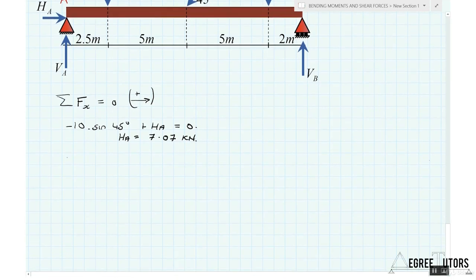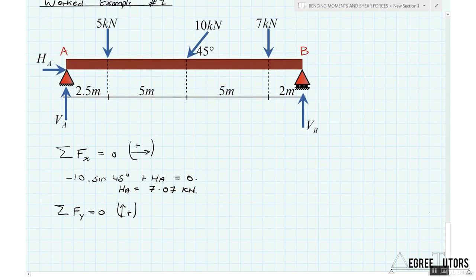The next equation is going to be the vertical force equation. I'm going to say the sum of the forces in the y direction must equal 0, and I'm going to assume upwards is positive. Let's evaluate the forces.